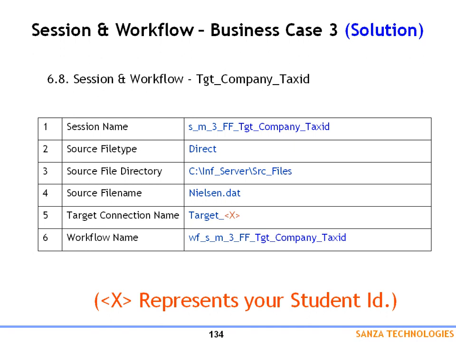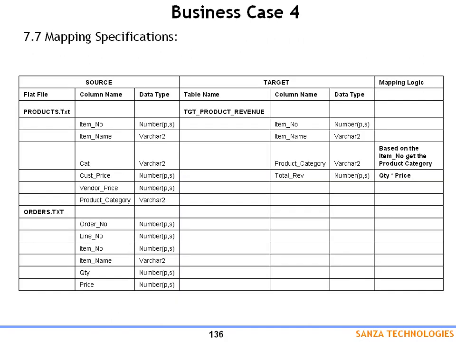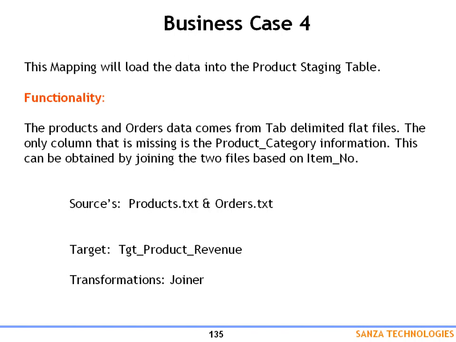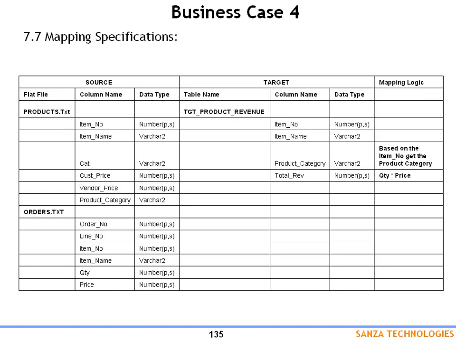For business case 4, I have 2 flat files as a source. One is the product.txt file and the other is the orders.txt file. I need to load the data into a target table called TGT product revenue. These 2 are flat files, tab delimited files. So what to load into the target table? From one file I am getting item number, item name, product category.